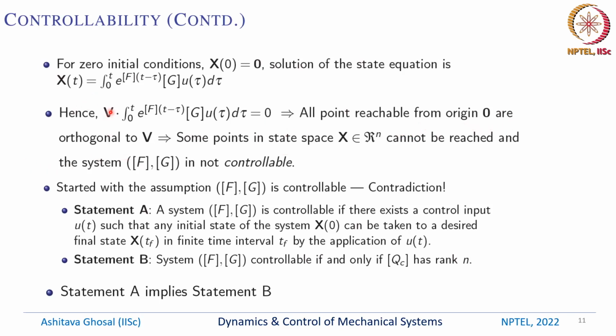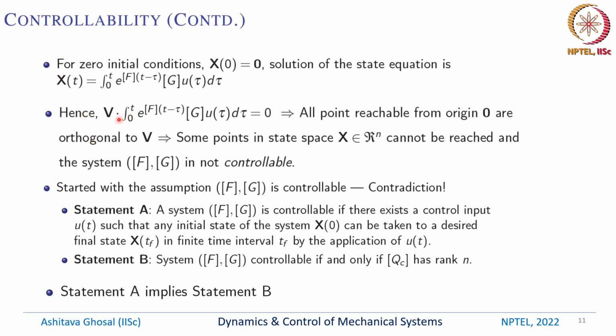So v is some vector and this is another vector, and all these points x(t) are orthogonal to v. Which basically means some points in the state space, x an element of R^n, cannot be reached, because v dot of this equals 0. Think about it. I have shown you that I start from origin and this is the solution to the state equation, and then there is a vector v which is in the null space of QC.